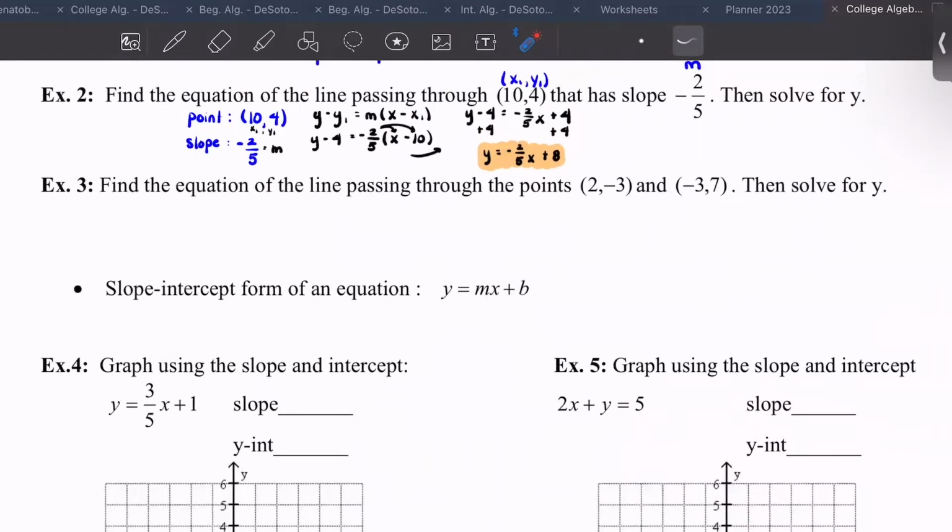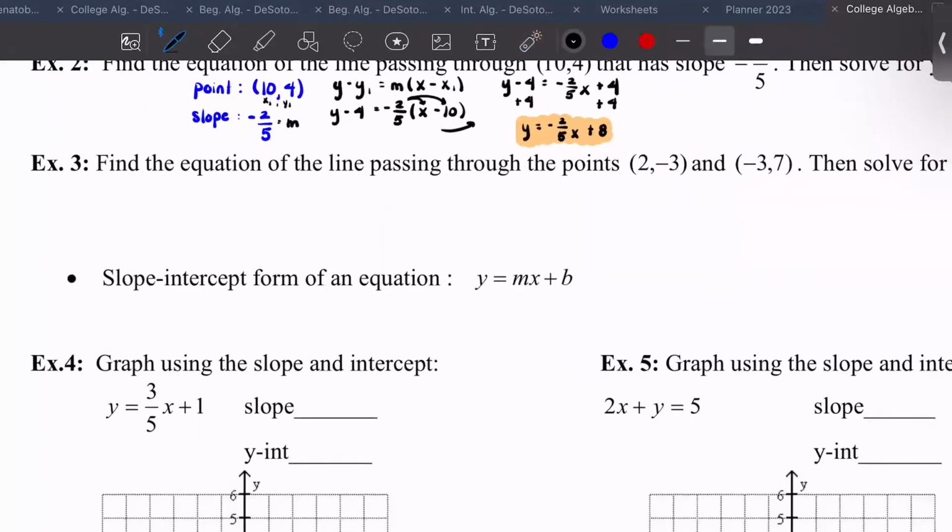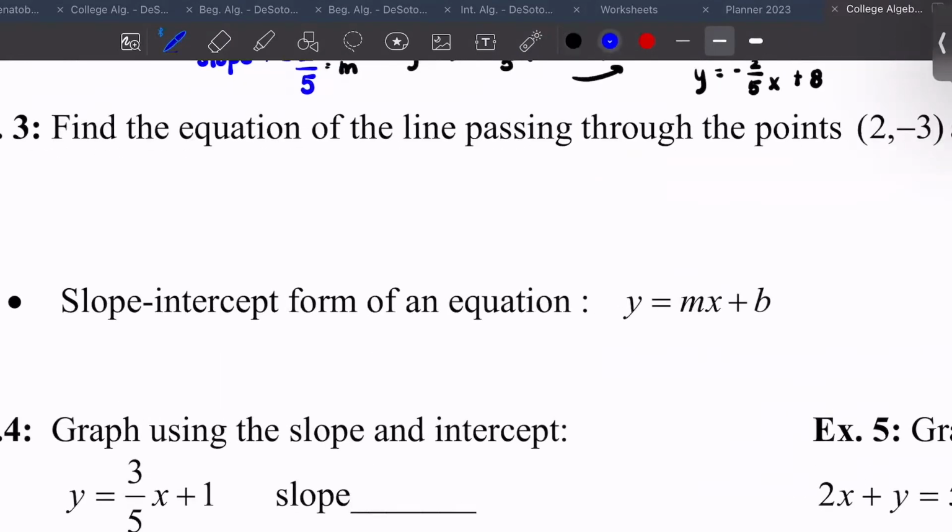All right. In example 2, we were given slope and a point. Here, we're just saying find the equation of the line that passes through these 2 points and then solve for y. Okay. Now, in order to use point slope, we need 2 things: point and slope, right?